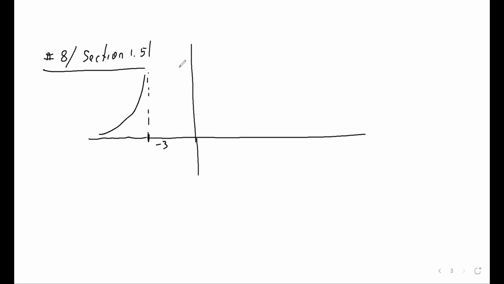So I should draw another line here. This would be -1 here. So you're going to go down like this, kind of like that. And then you're going to go down again on the other side, and you're going to end up at 2, which would be, let's say, here. So I draw another vertical line just to kind of anchor my graph, folks, because this is a bit of a complex problem.